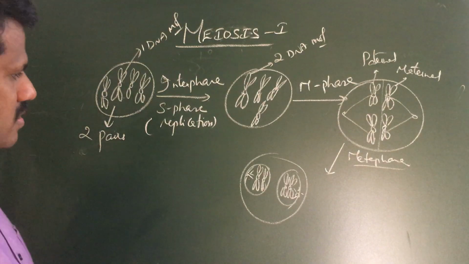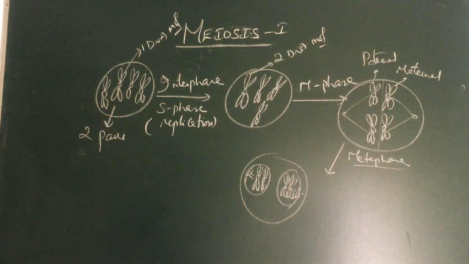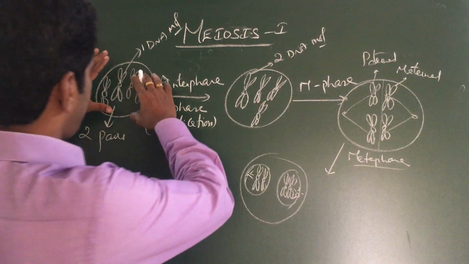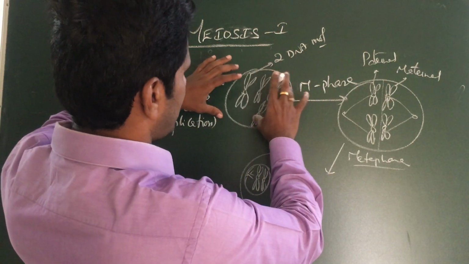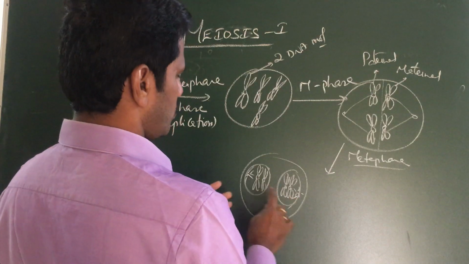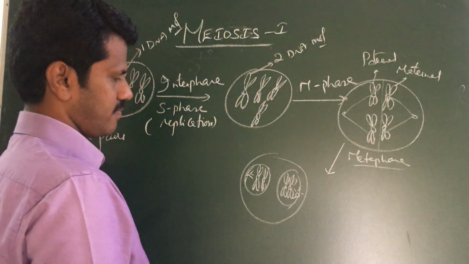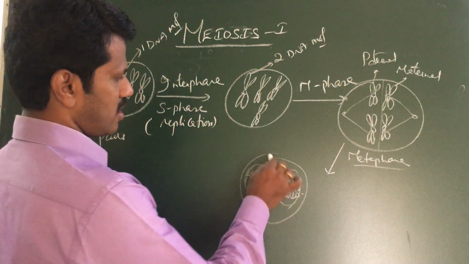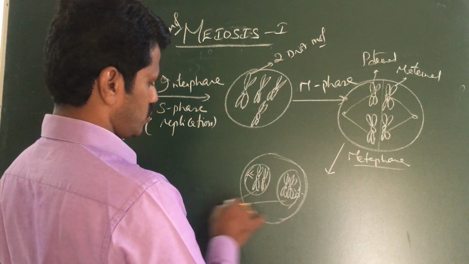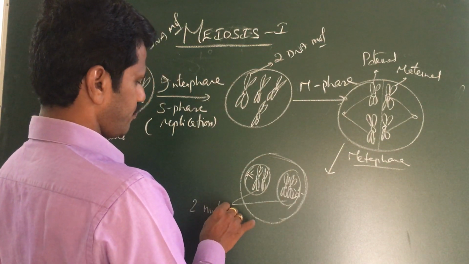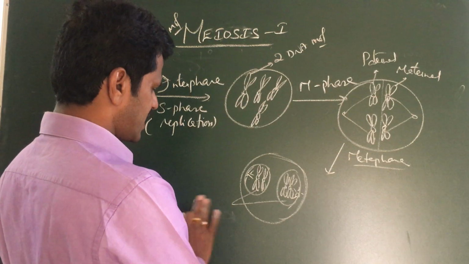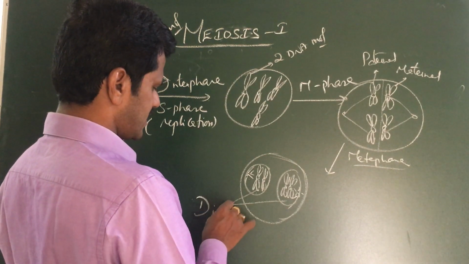So in meiosis 1, the 4 chromosomes become 2 and 2 in 2 different nuclei. By the end of meiosis 1, we call these cells dyads.